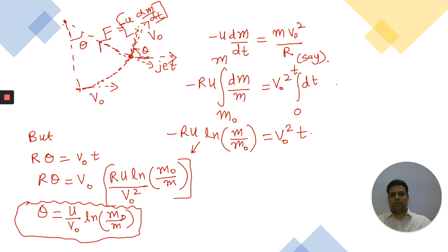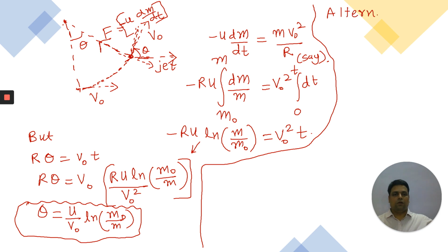This problem can also be solved in the other way. I'm going to write somewhere here. Say the rotating vector here is v naught bar. Now, if I consider the tangential velocity to the circle, the rotating vector is v naught bar.